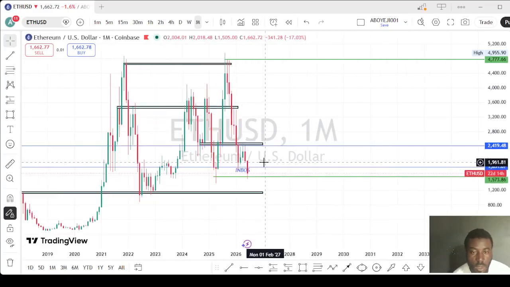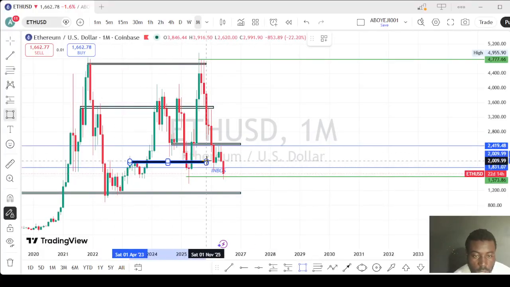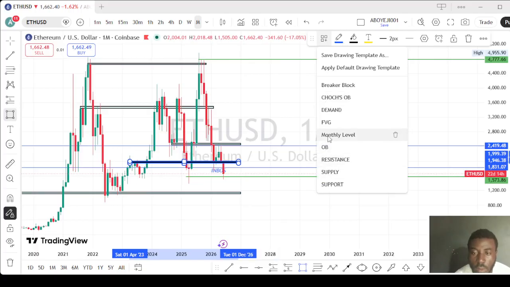On this monthly time frame, I'm seeing a key level here. You can see the key level also. The monthly key level.